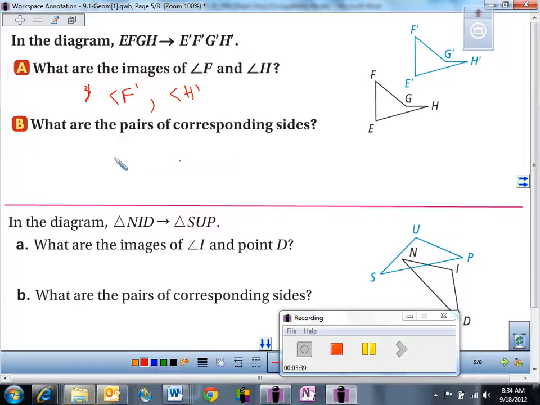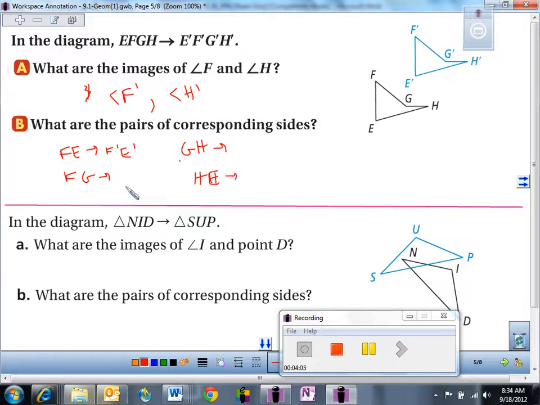And then what are the pairs of corresponding sides? So FE corresponds to F prime E prime. We would have FG to worry about, GH to worry about, and HE to worry about.